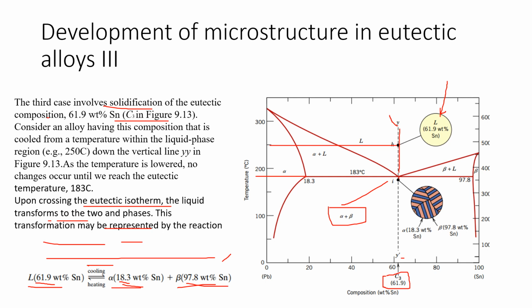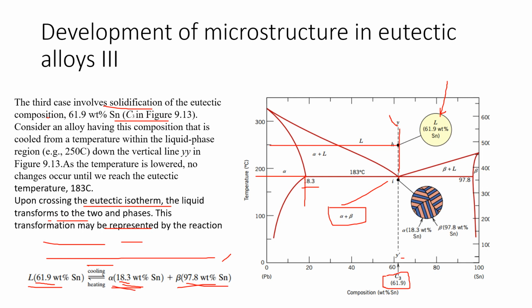Again, when the isotherm is crossed, the tie line is the isotherm temperature, and the composition of the minimum phase, which is starting for this one, is 18.3% for the alpha, while the composition for the solidification to beta is 97.8% by weight.